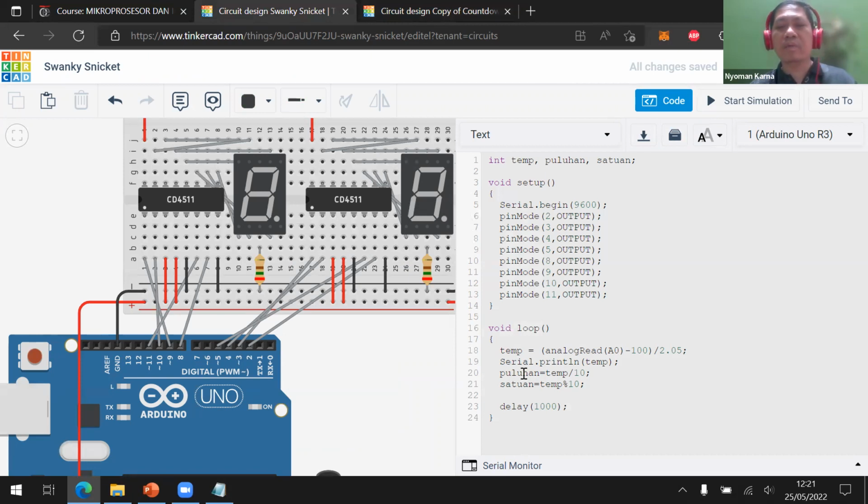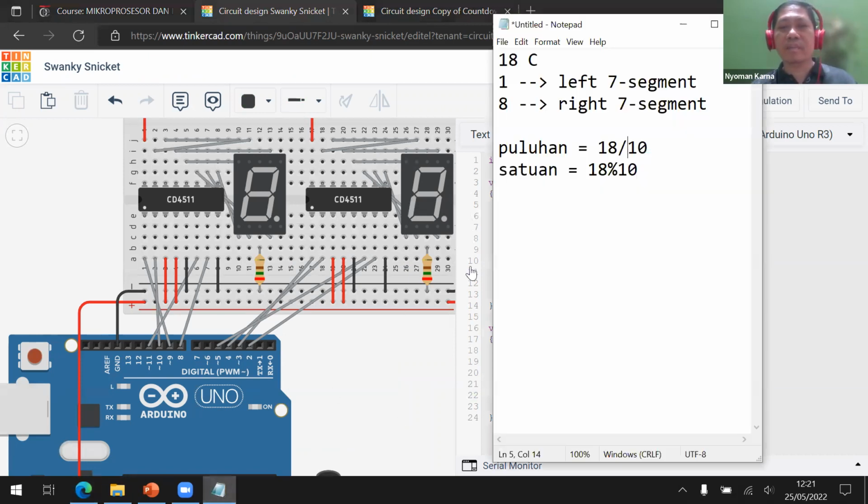Okay, let's say the puluhan is 8. How to transform or convert this value to become binary? When we are going to do it manually, we need to divide 8 with 2. So we're going to divide 8 using modulo.